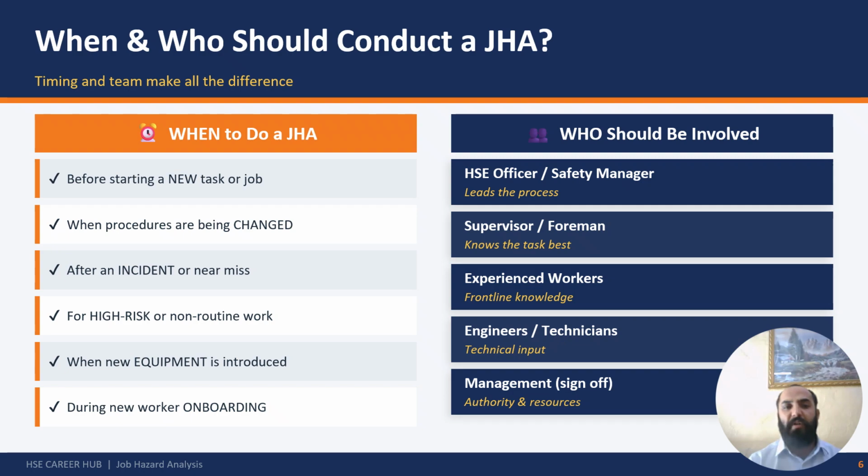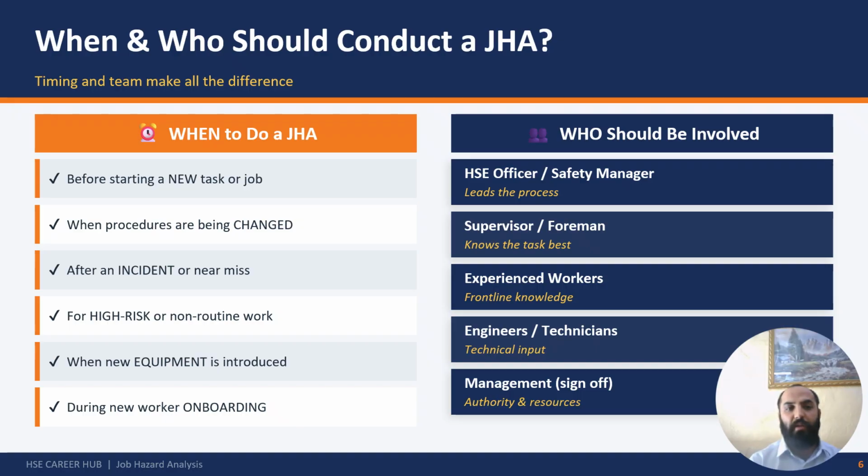New equipment, new method, new location. Always do it after an incident or near miss, because that near miss was a warning sign. And absolutely for any high risk work, anything involving height, chemical, confined space, electricity, heavy lifting, these always need a JHA every time. Now, who should do it?